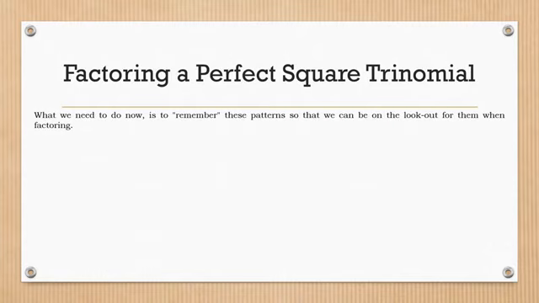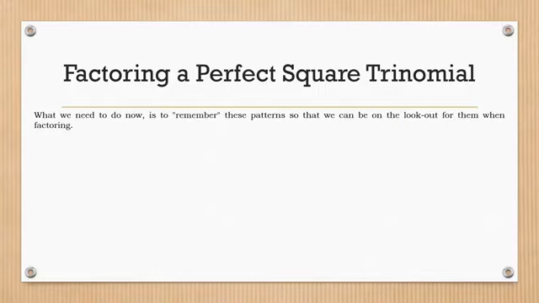Meaning, we should be able to identify a perfect square trinomial. From the word itself, trinomial means three terms. When we see an expression with three terms, that is a trinomial. Our problem now is whether that trinomial is a perfect square.